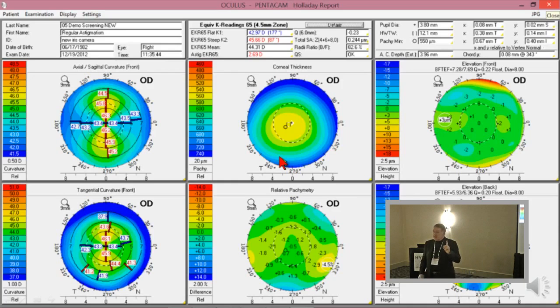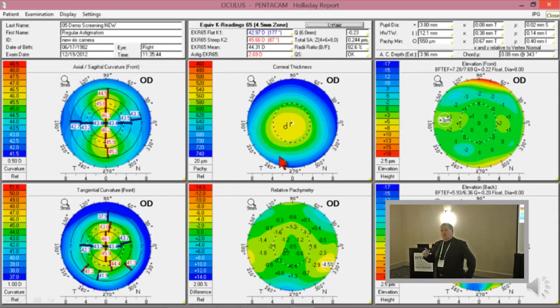Now, if you were to pick a ring and say, I can only get one ring on that 4.5 millimeter zone, where would you choose the diameter of that ring? Would you put it at 4.5 millimeters on the outside? Would you put it at 2 millimeters, make it a little bitty? Or would you put it somewhere in between?